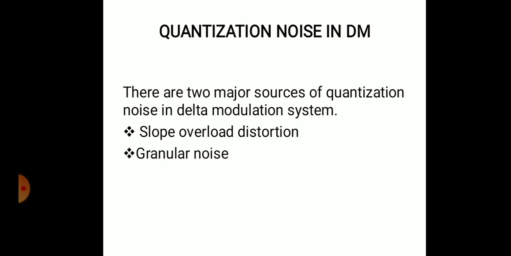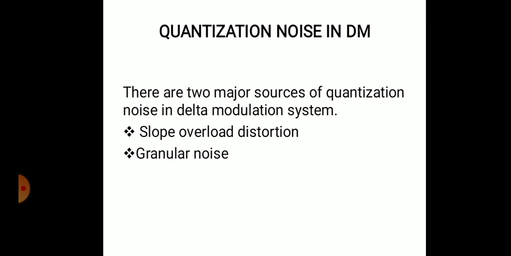To account for the fastest possible change in the signal, the step size or the sampling frequency, whatever you can say, must be increased. So, assuming that the input signal does not change too rapidly from sample to sample, the staircase approximation remains within plus minus delta by 2 of the input signal.